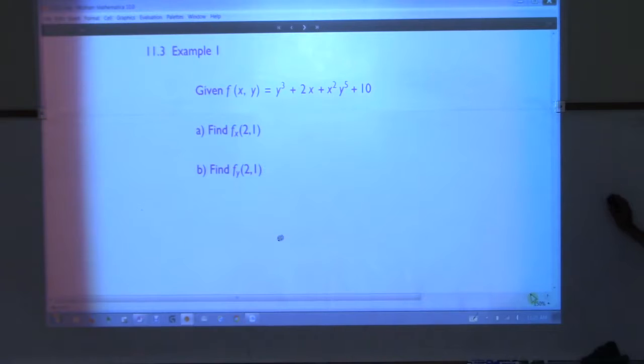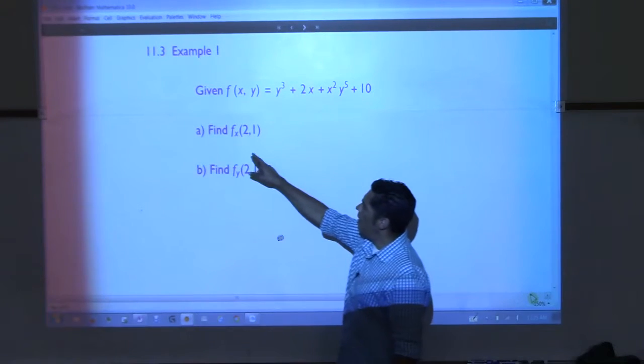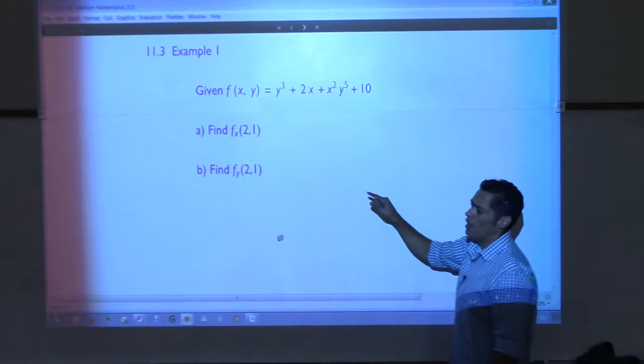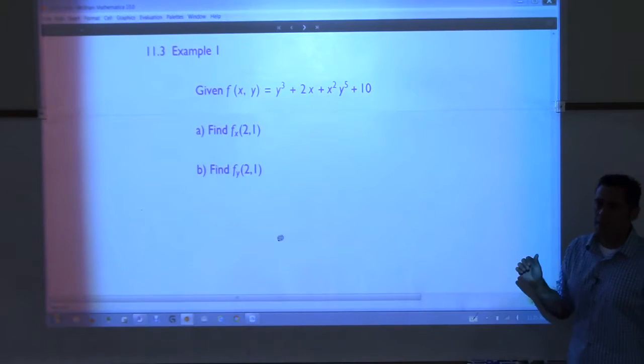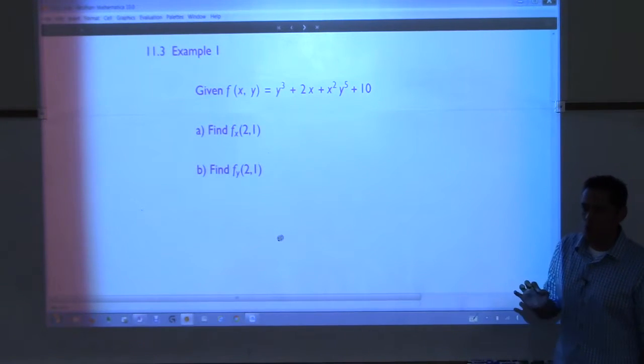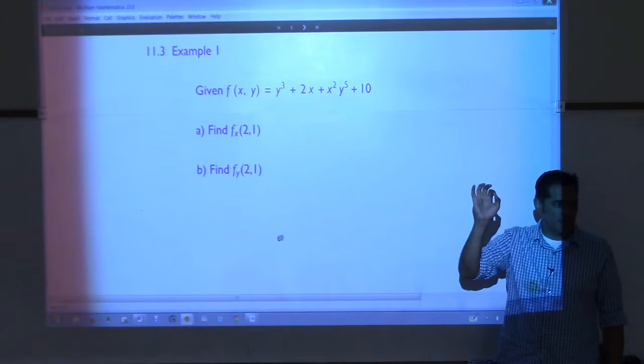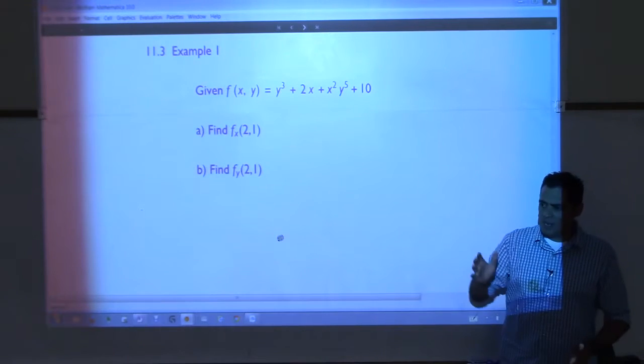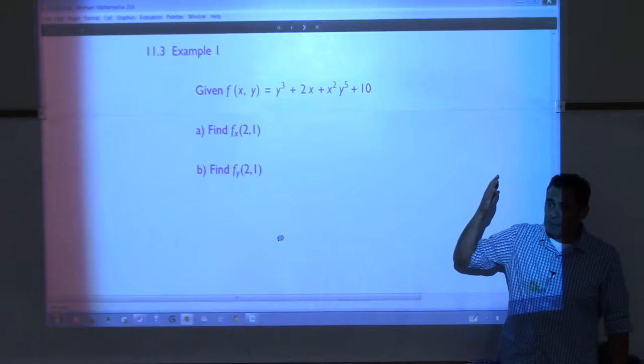All right, so we're just going to practice here. So the first one we want to find: find the partial derivative with respect to x at the point (2, 1). Okay, so that means I'm going out to this point (2, 1), plugging it into this surface, going up to the point, standing there, cutting it with a plane.